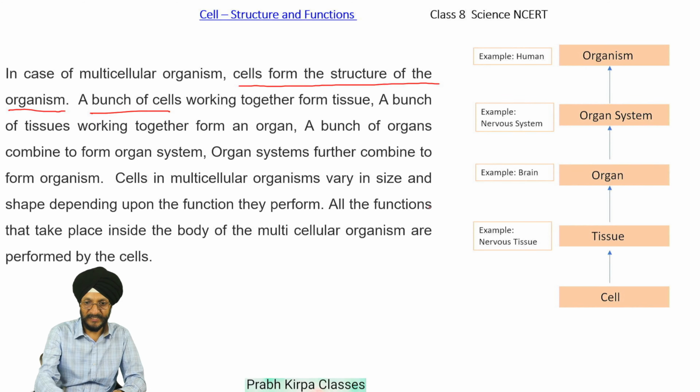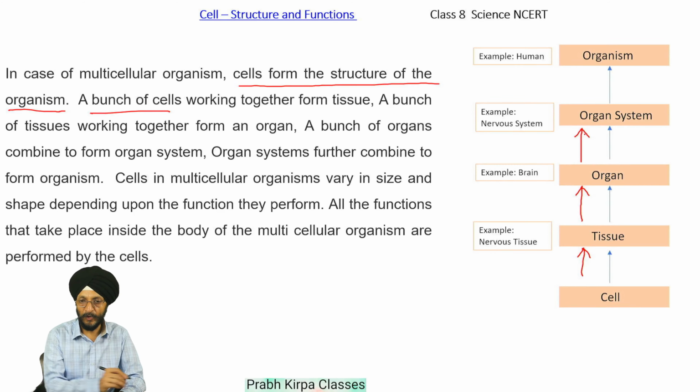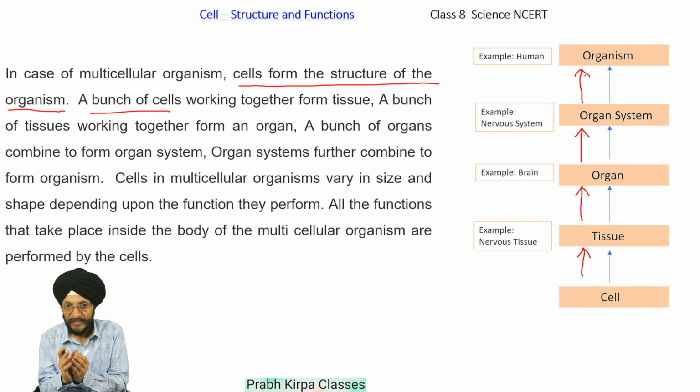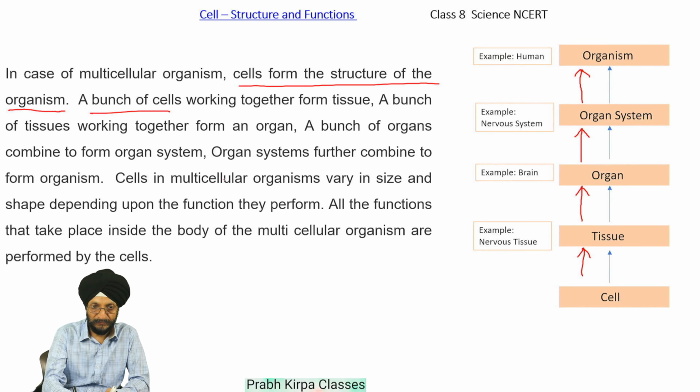A bunch of cells working together form the tissue. A bunch of tissues working together form the organ. A bunch of organs working together form the organ system. And organ systems further combine to form the organism.